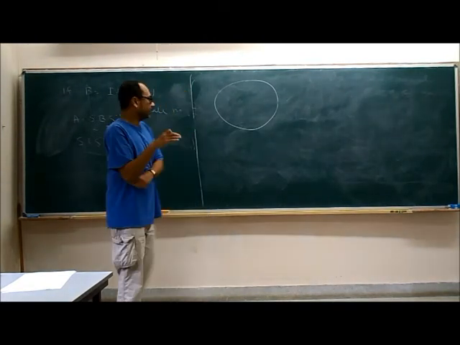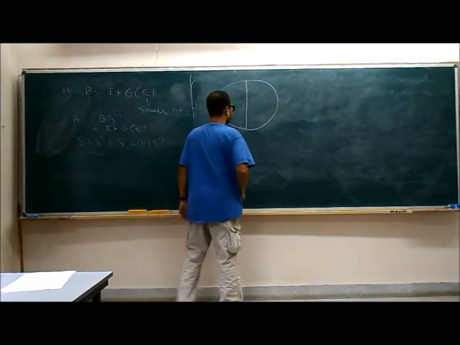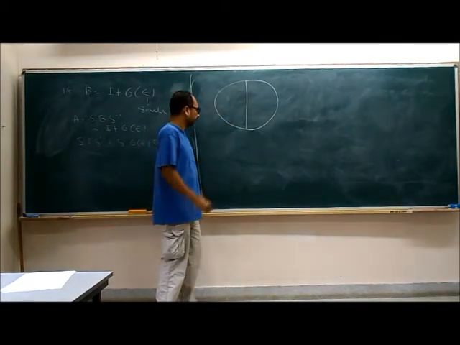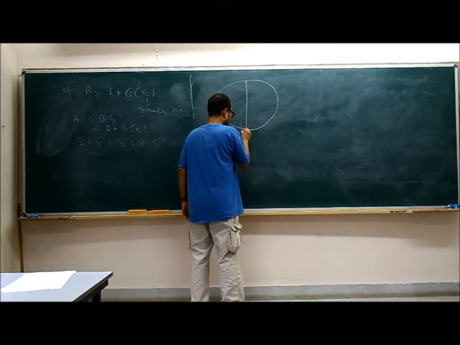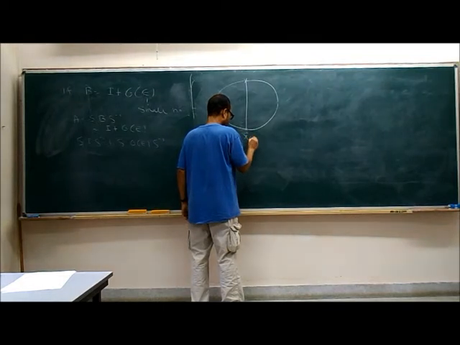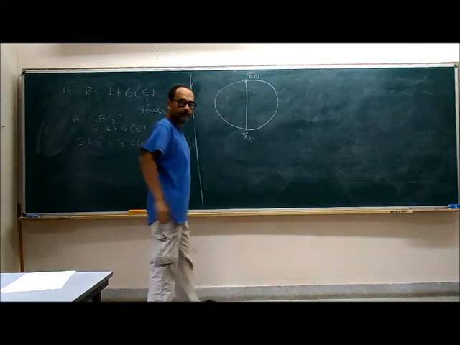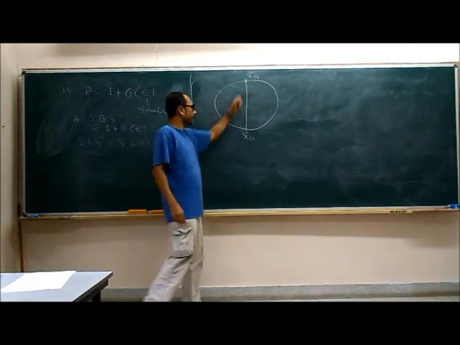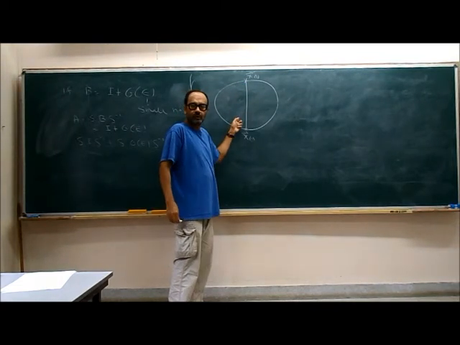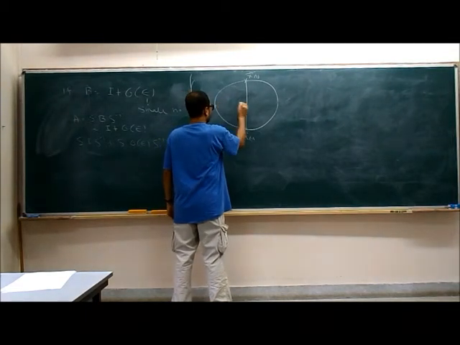So let's see what happens if you divide a big loop into two loops. Imagine that you want to calculate the monodromy around this, and we now take two points, say x1 and x2, and draw some other curve from x1 to x2, so that the big loop becomes a combination of two smaller loops. So let's label some segments.